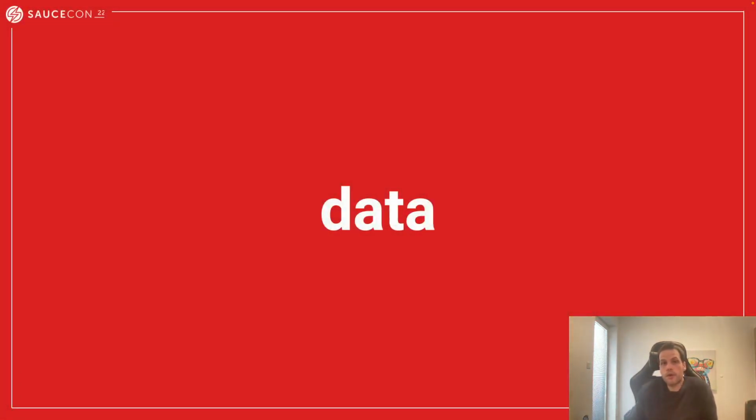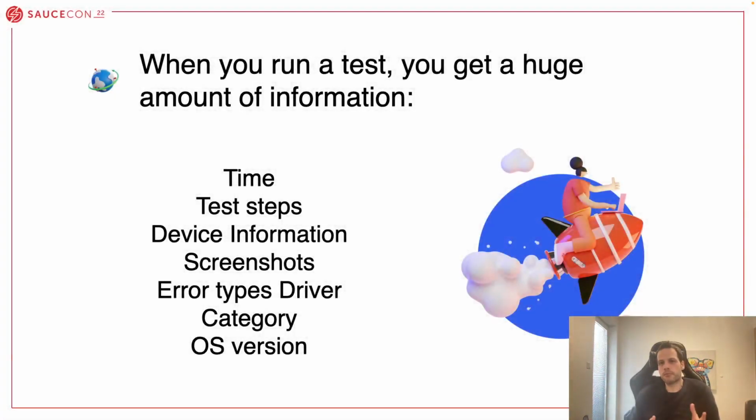And we go with the most important part, and that is the data. This is an essential part when we run a test, and more if we do it with a real device. We are getting a huge amount of information, much more than we think, really.